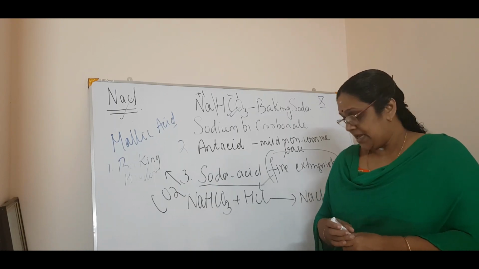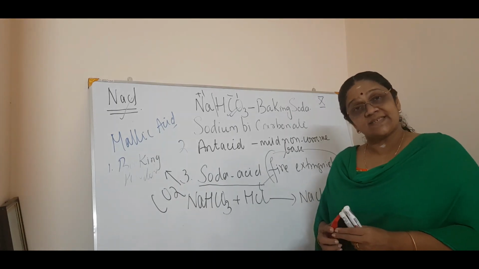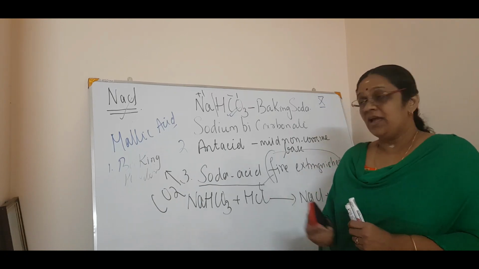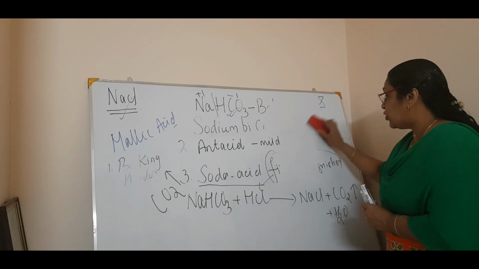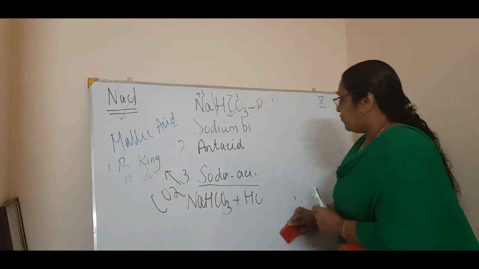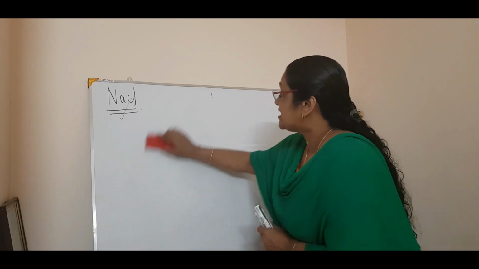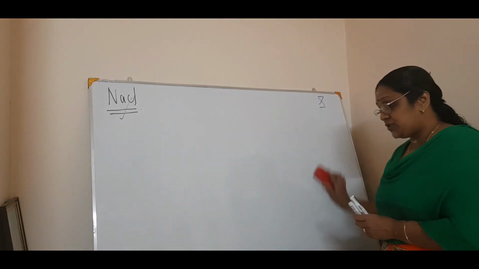Clear? Now we will move on to the next compound, that is washing soda. What is washing soda? Washing soda, you know, it is used for washing. That is why its name comes as washing soda, isn't it?